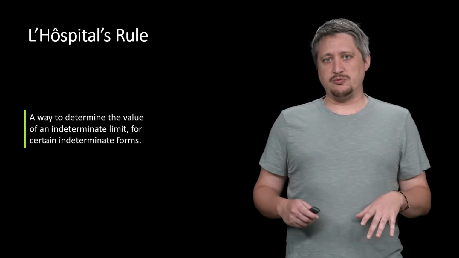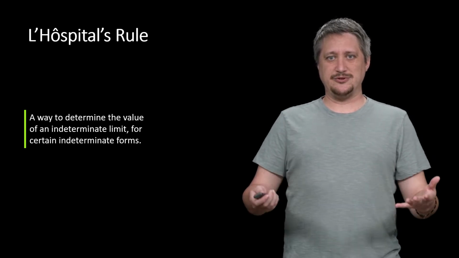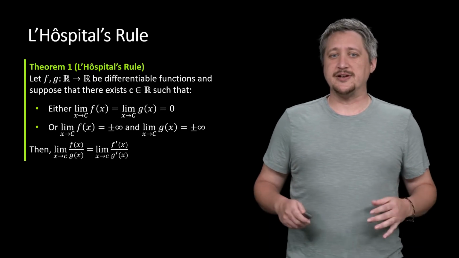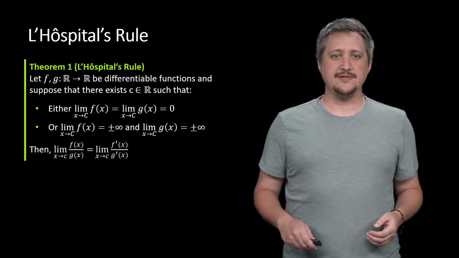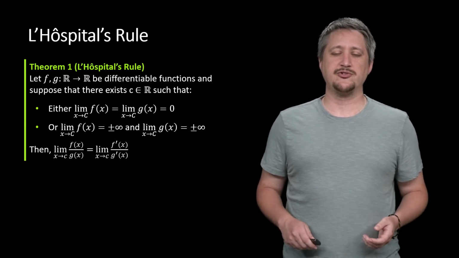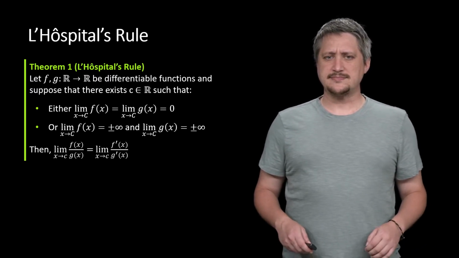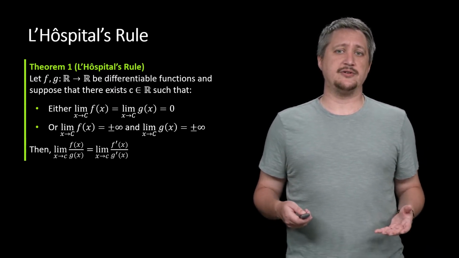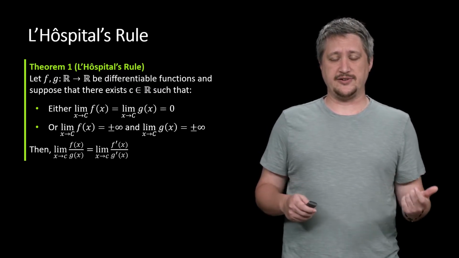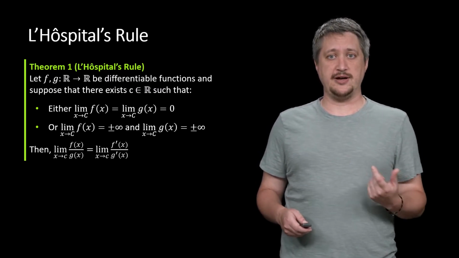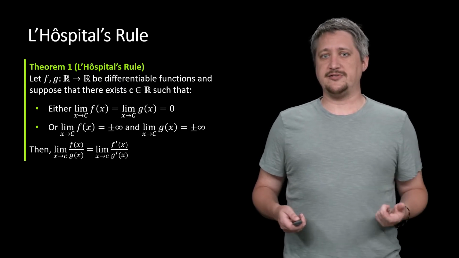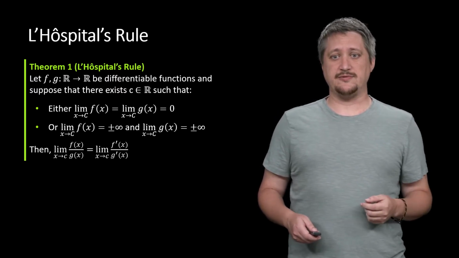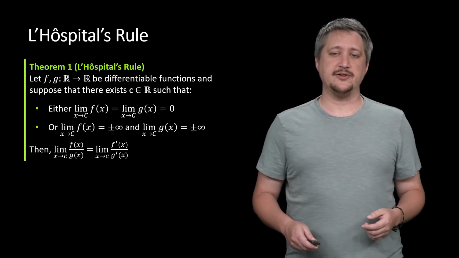As usual, we'll say the full theorem in math speak, but then I'll translate it into human speak. So L'Hopital's rule says if we have two functions, f and g, they're real valued functions, and they're differentiable, and suppose that there's some real number c, so that either both of the limits as x goes to c are 0 for f and g, or the limit as x goes to c for f of x is plus or minus infinity, and the limit as x goes to c for g of x is also plus or minus infinity.